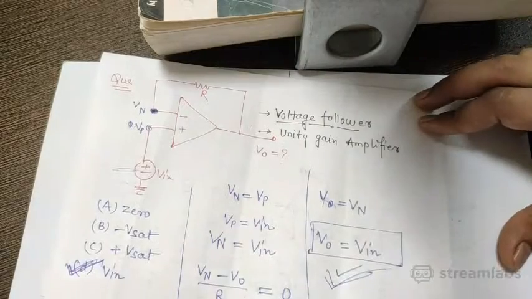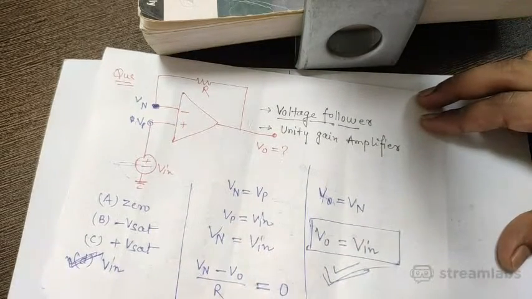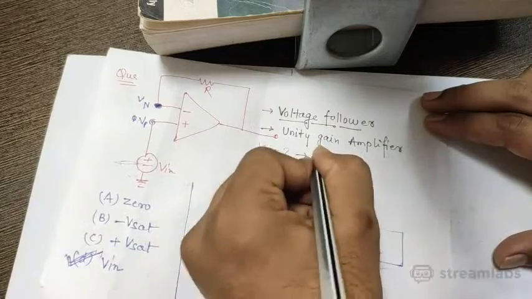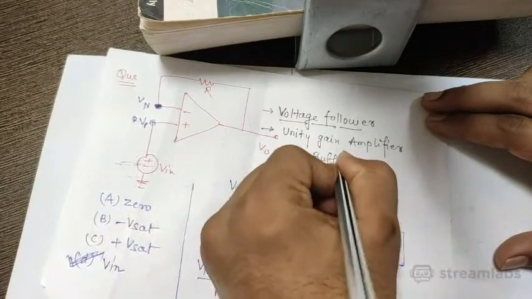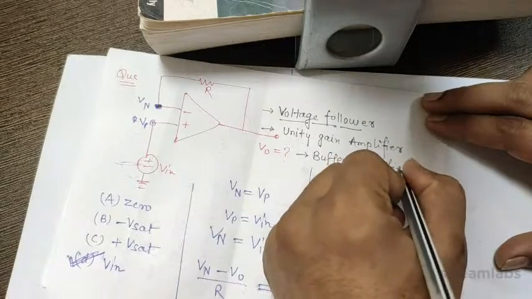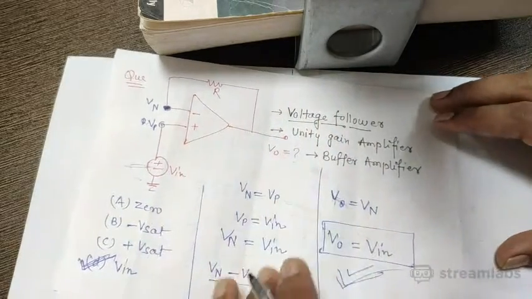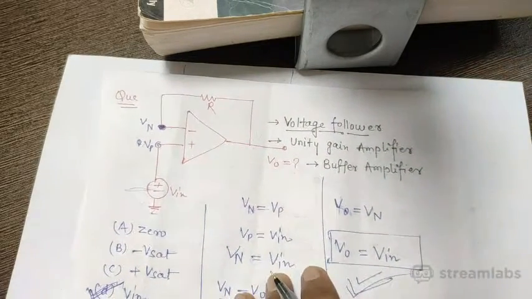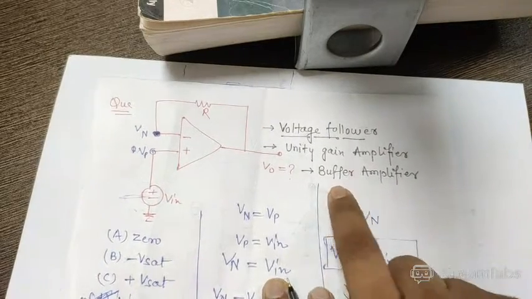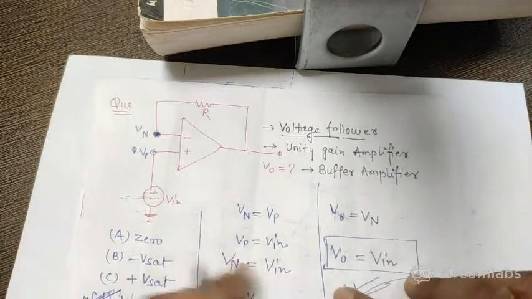This is also called a unity gain amplifier. Some of the books give it the name buffer amplifier.